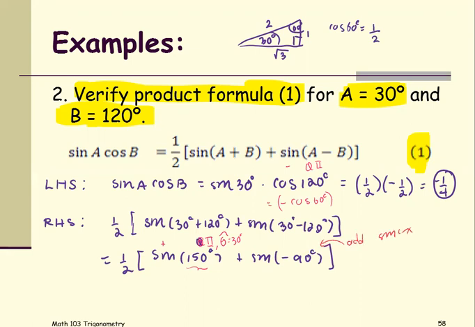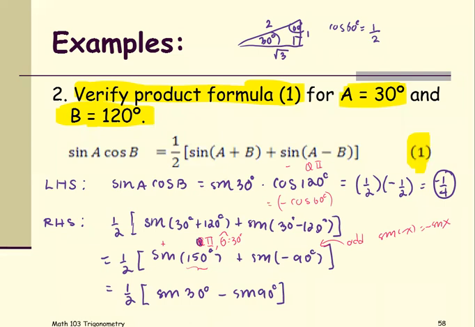Sine of negative x equals negative sine x. Next step, we just use the value that we analyzed earlier. Sine in the second quadrant remains positive, so it's the same as the sine of the reference angle, which is sine of 30 degrees. Sine negative 90 is the same as negative sine of 90 degrees.